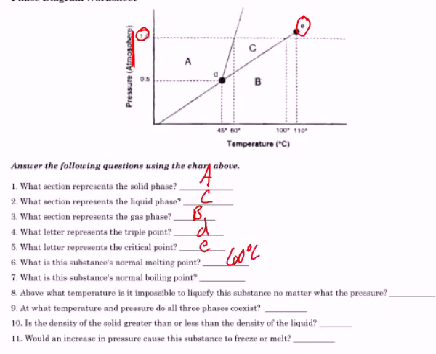Normal boiling point? 100 degrees Celsius. Above what temperature is it impossible to liquefy the substance no matter what the pressure is? 110, guys, that's your critical point. At what temperature and pressure do all three phases coexist? What point is that? Right, that's your triple point, and that's going to be 45 degrees and 0.5 atm. Is the density of the solid greater than or less than the liquid? We'll talk about that tomorrow. Would an increase in pressure cause the substance to freeze or melt? We will talk about these last two, guys, tomorrow.